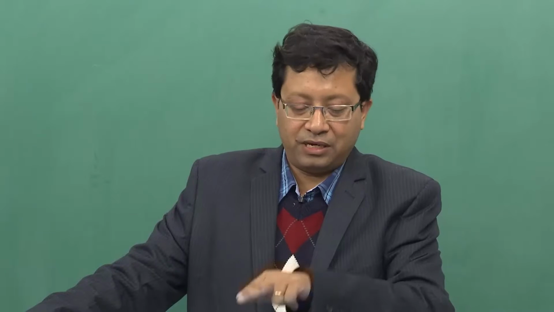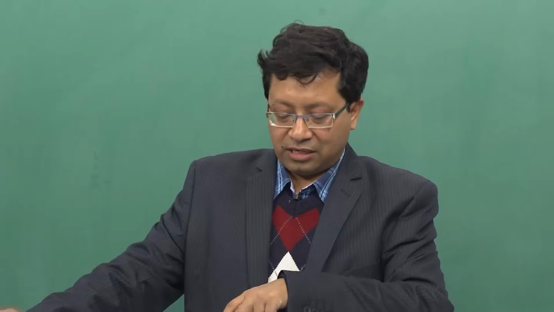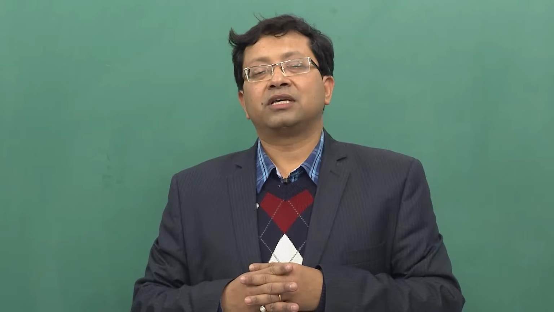So, I am only trying to maximize one objective, which is R bar p, based on the fact that this is alpha. As it increases, the difference increases, and I want to find the value of Z which is maximum and take my decisions accordingly for the safety first principle, which is the third criterion.